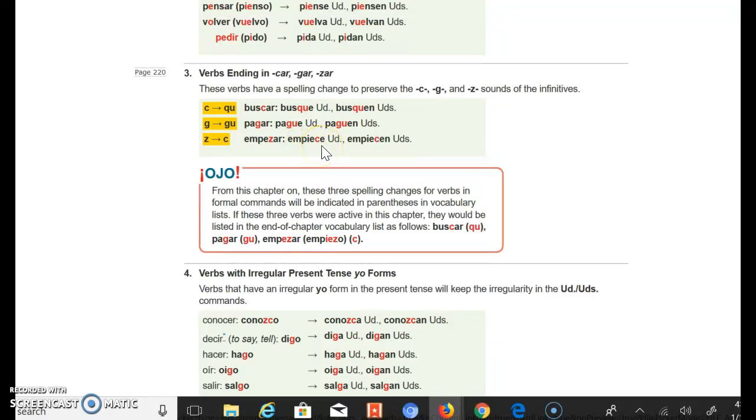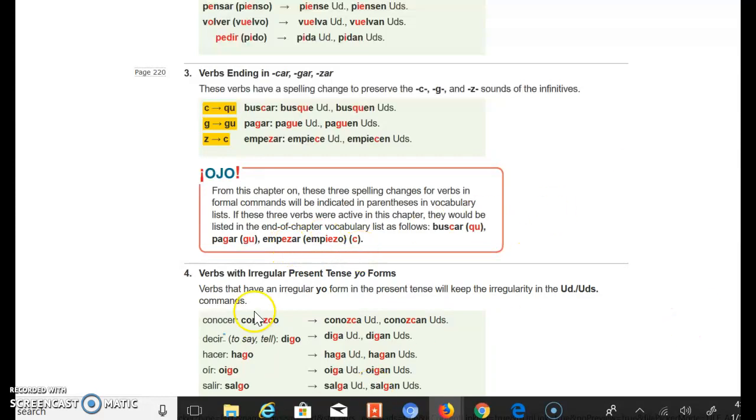Empiece, start, talking to one person. Empiecen, start, you all, talking to more than one person, or you, plural. So we have these stem changes and spelling changes. Buscar, CAR to QUE, GAR to GUE, and ZAR to CE.